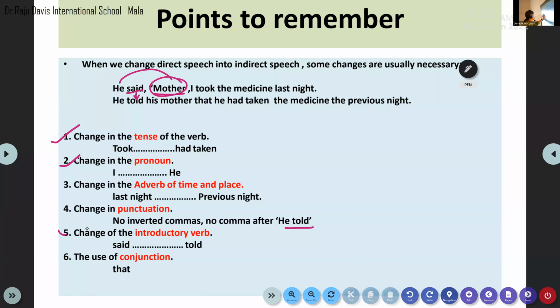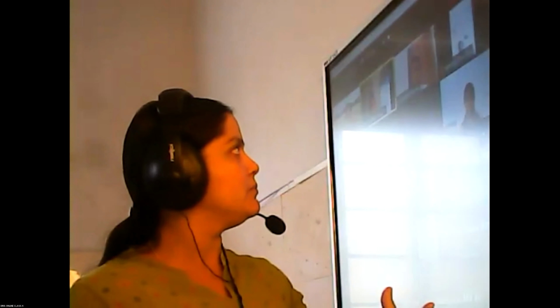And the last one, the use of conjunction. Okay, here we have the last one. The sixth point is related to the use of conjunction. This is important. So keep your ears near my mouth, that means you have to listen to me. Okay, conjunctions are the joining words.